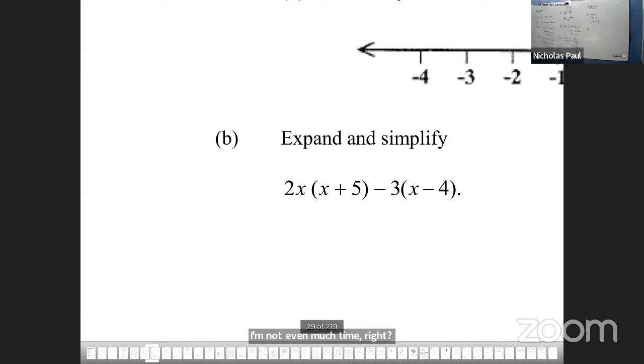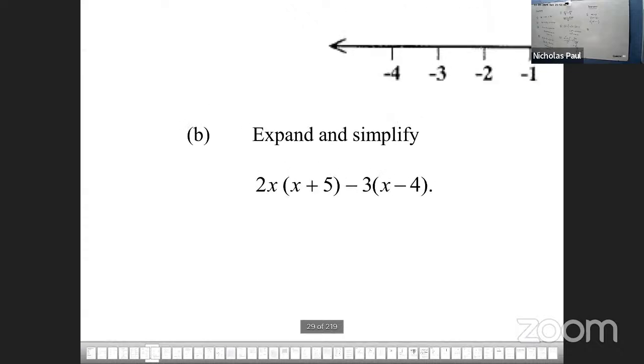So you can add up your marks. Let's see how much you get.